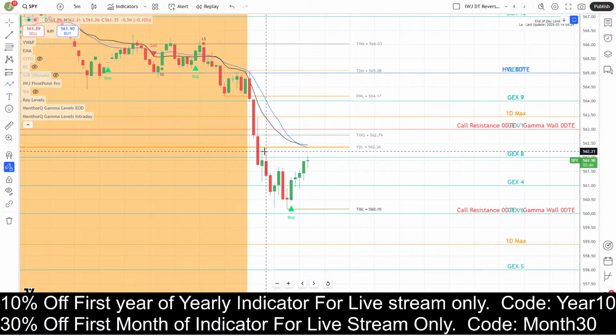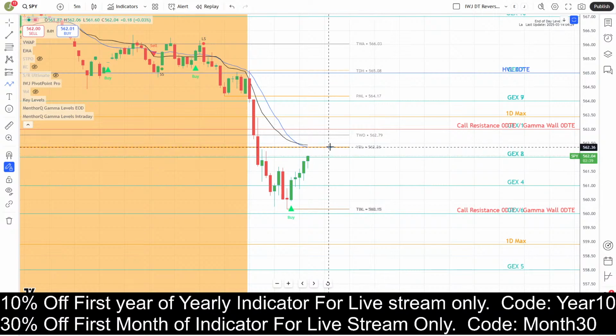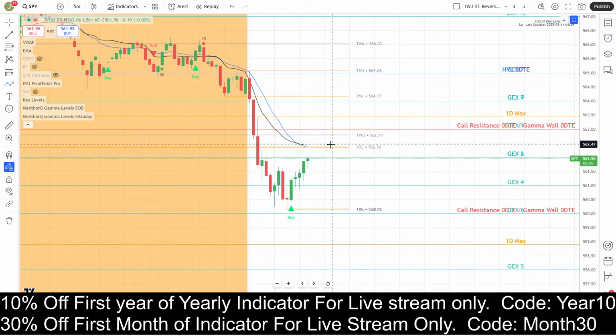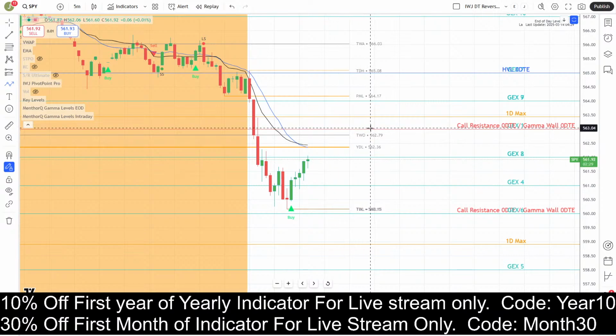They back tested it twice over here as well. So the bulls know what's in front of them. They got to get through 562.50 is what I'm going to say, which is a little above the VWAP line. If they get through that, they can really start to kind of push. And then back above 563 would be really big.